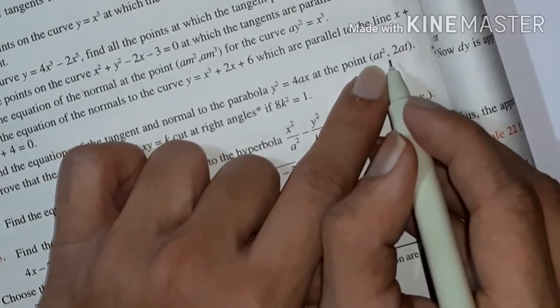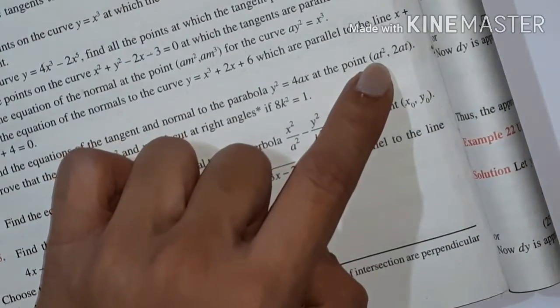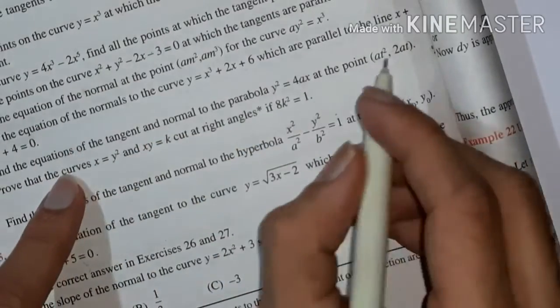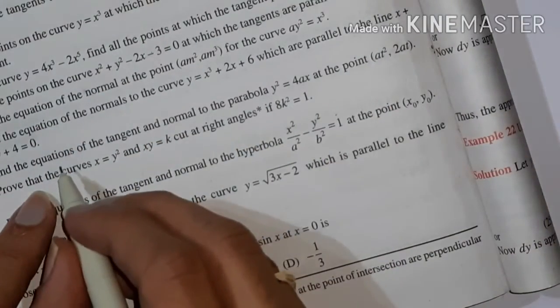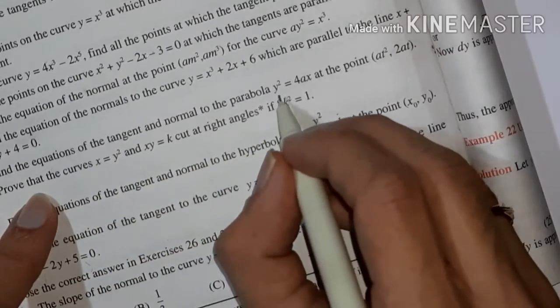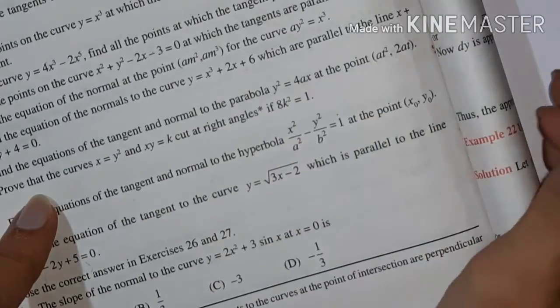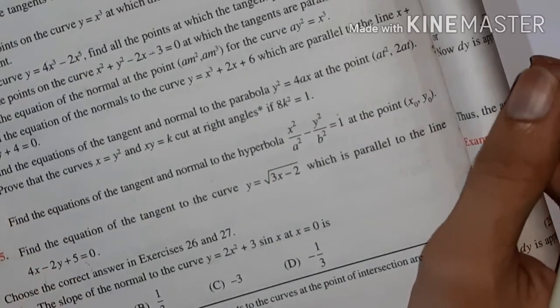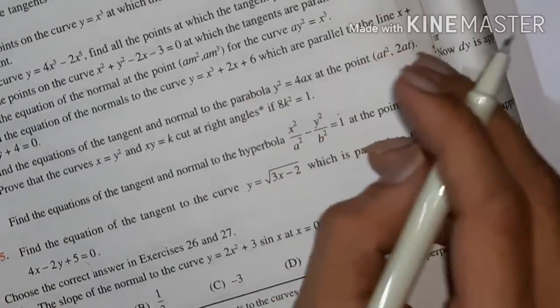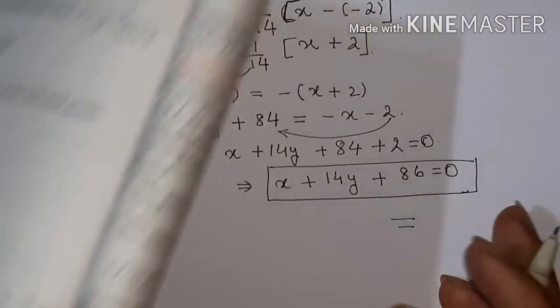At square, and the second is the y coordinate, which is 2at. So the point is already given. We have to find the equation of tangent and normal to this curve, that is the parabola y square equal to 4ax. The method is the same and the problem is easier, right? So let us see how to solve.